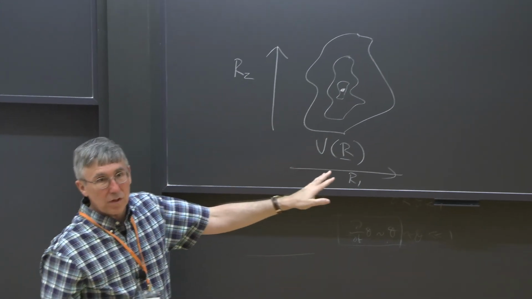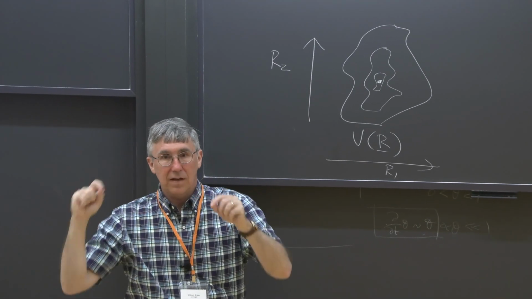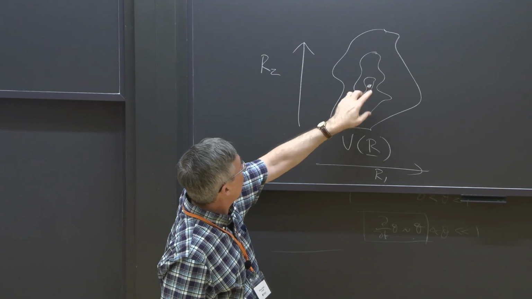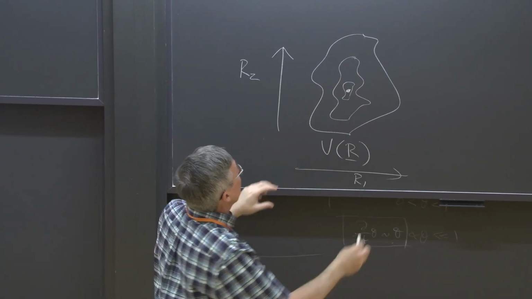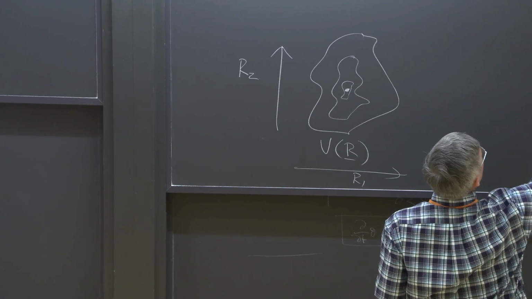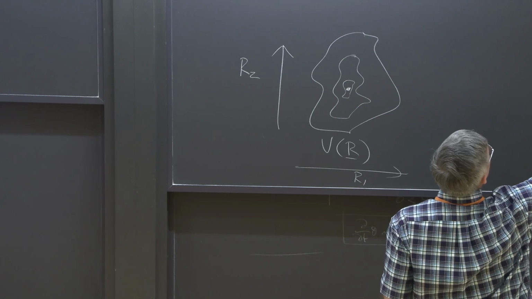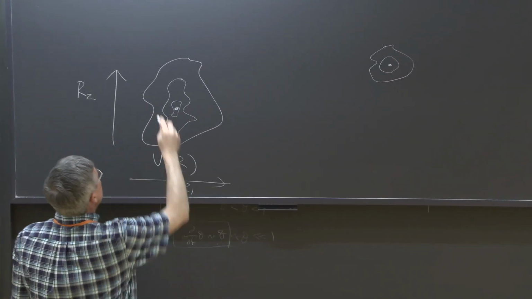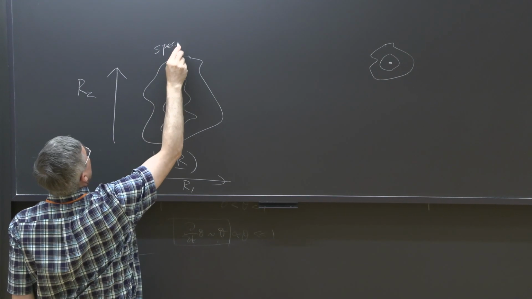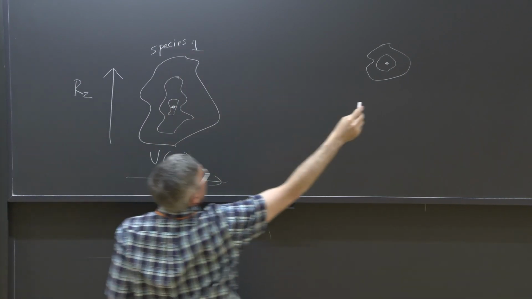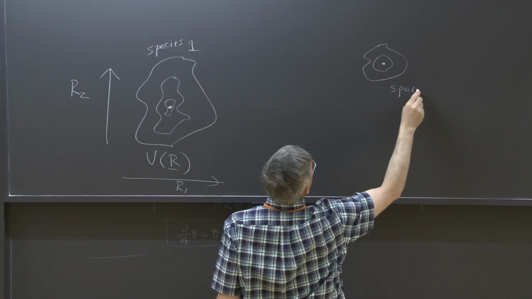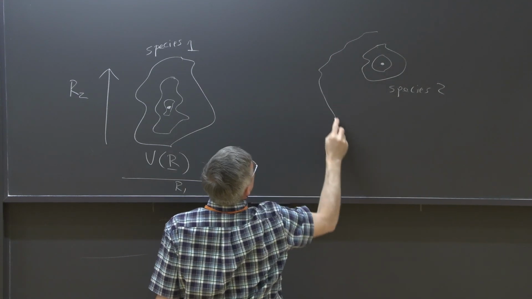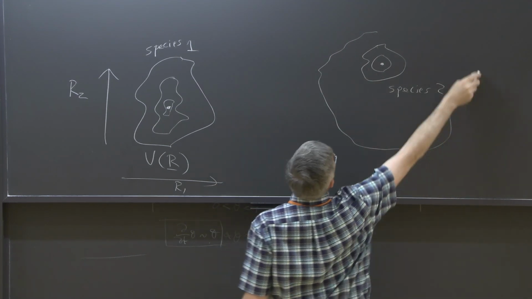In the general system, there are a lot of R, so all the different positions of all the atoms, X, Y, Z of all of them. But just say 2. You can see there's a valley, and then there might be another valley over here. And I might call this species 1 and call this species 2. And maybe there are some high energy contours.